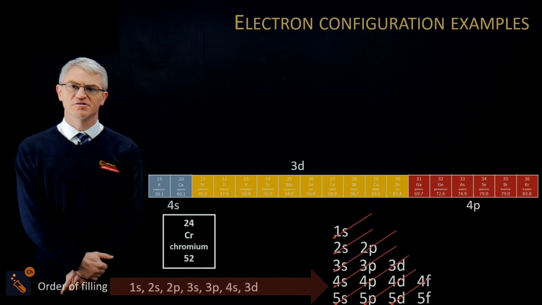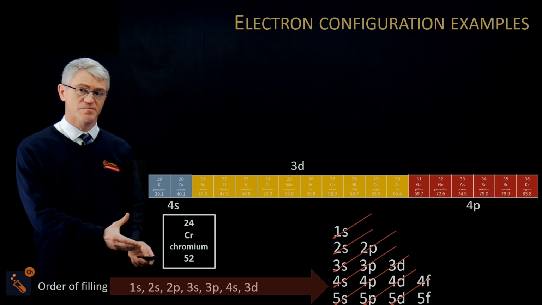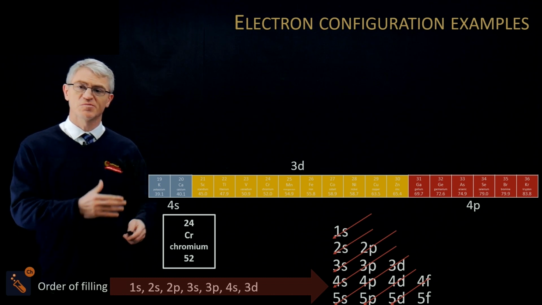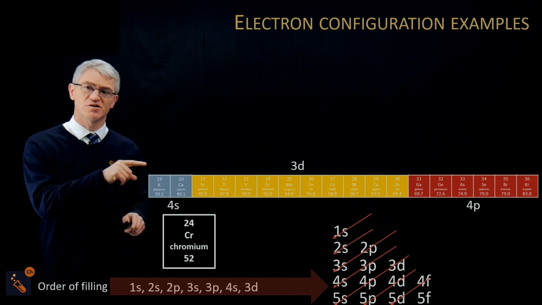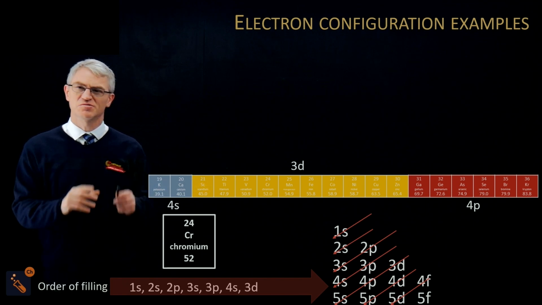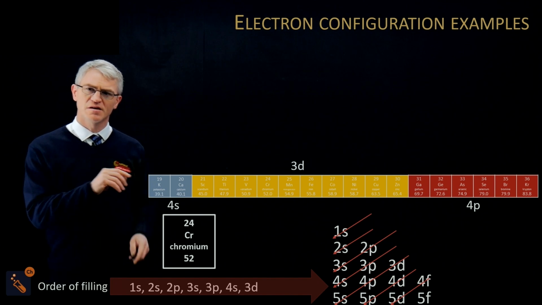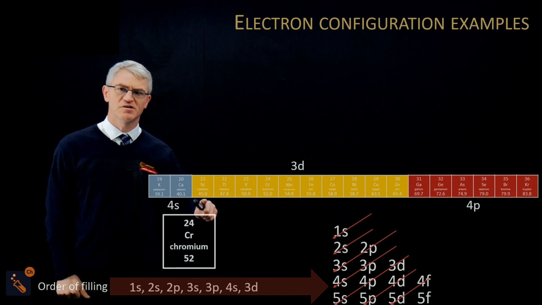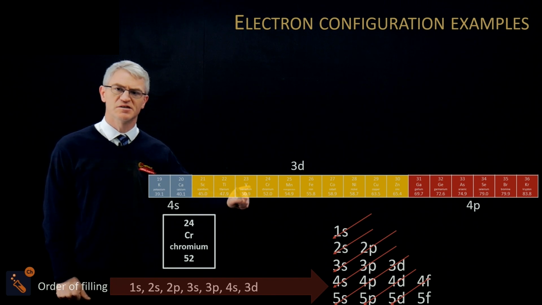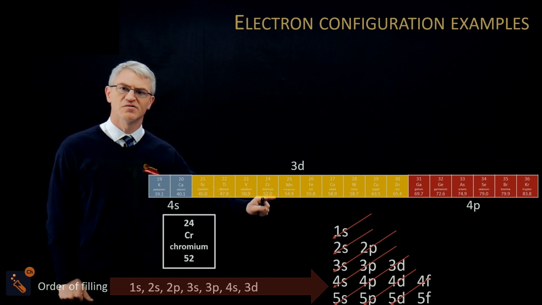Our next electron configuration example is chromium. If we're looking at chromium, again, we're going to do the argon. That's why we've removed this top, because we don't care about the other electrons. We're just going to call that argon. Then we go for the 4s2, and then we count along: scandium, titanium, vanadium, and then we have our chromium right here.